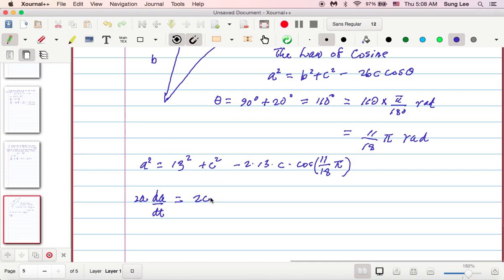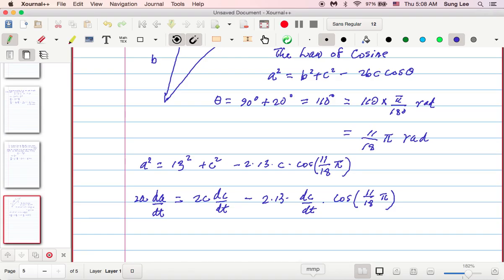I have 2c dc/dt minus 2 times 13, I know it's 26, but I'm going to leave it like that, and then dc/dt times cosine of 11 over 18 pi, which is going to be a numerical value when calculated using a calculator or a computer.